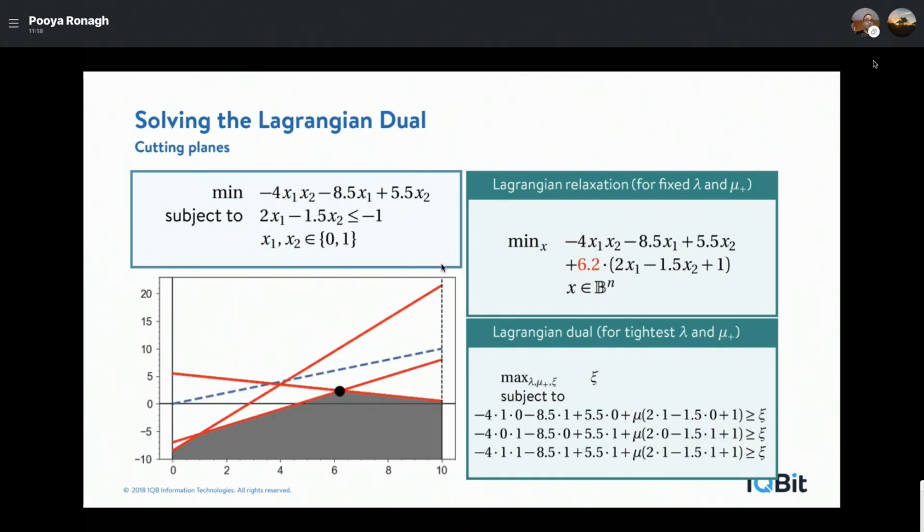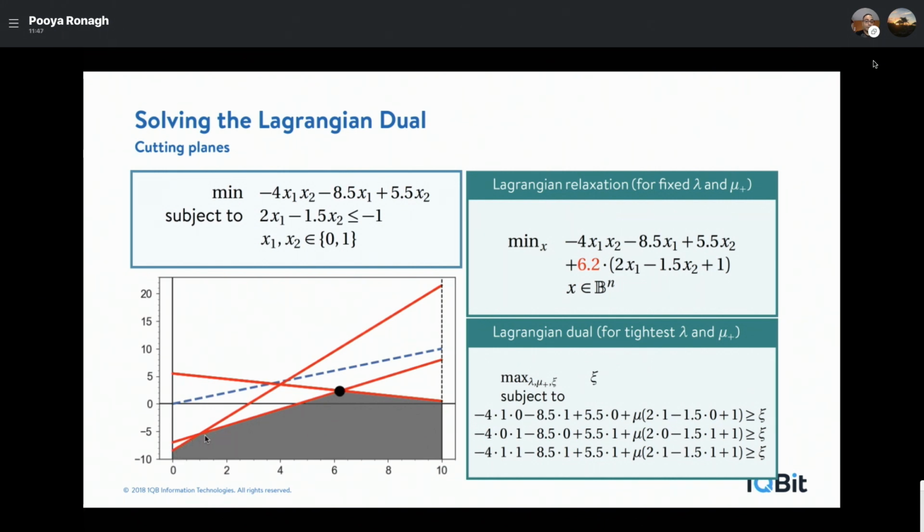There are many ways to solve this problem when it's discrete in terms of the binary variables. Basically, the Lagrangian dual problem is trying to find, over all points in this convex hypograph that is determined by all the cuts that you generate from the different choices of the primal variables, the highest altitude.